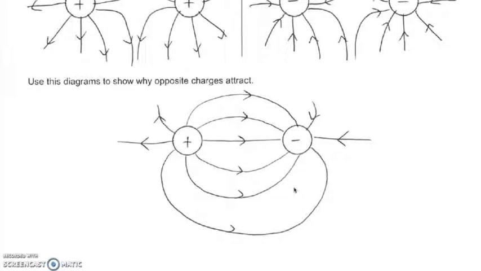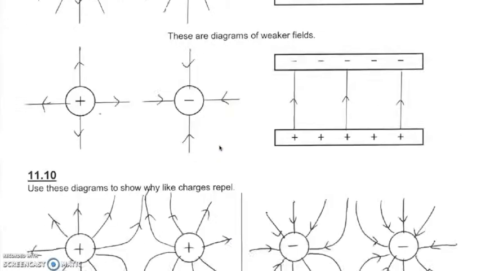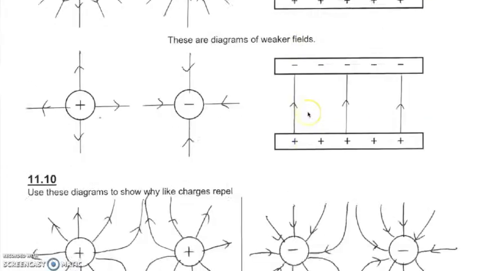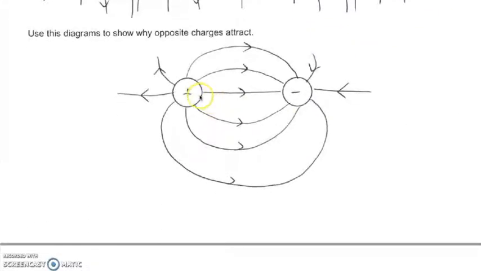Now, what happens if they do attract? Similar to these linear field lines here, they're going from the positive end to the negative end. Here we go, we're getting this line going from the positive spherical charge to the negative spherical charge here. But because they're spheres and not a long plank or a long line of charges, they follow this curving nature.